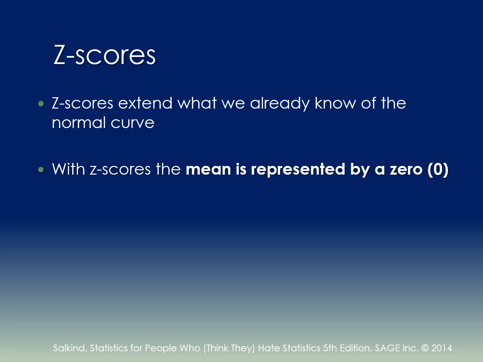What we do is we zero the normal curve. If you've ever had to do chemistry, for example, you always zero the scale before you put something else on it. We're kind of doing that here, where we take the mean of any distribution we're looking at and convert that to a 0.